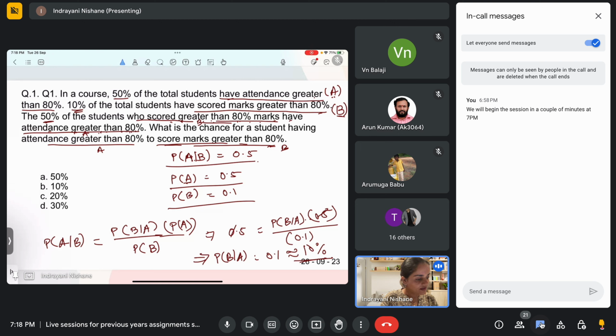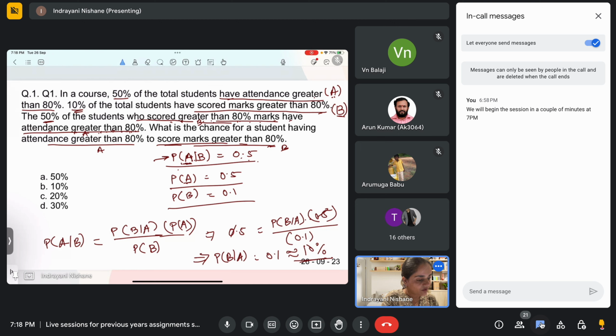So attendance is A, right? So the probability of event A, that they will have attendance greater than 80% given that they have already scored more than 80%, this probability of A by B is 0.5, so this is correct.